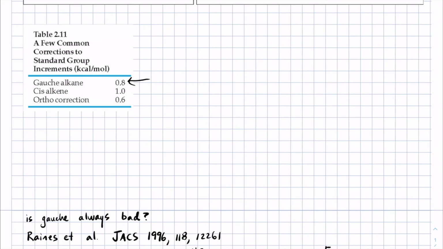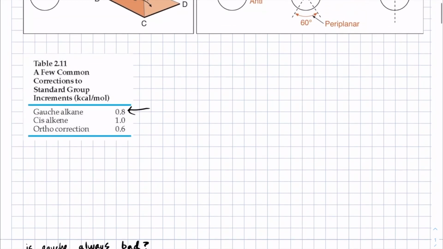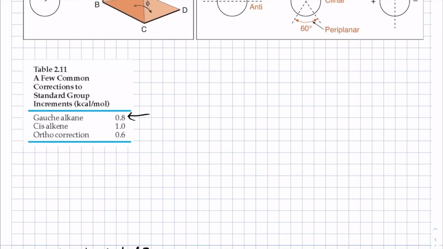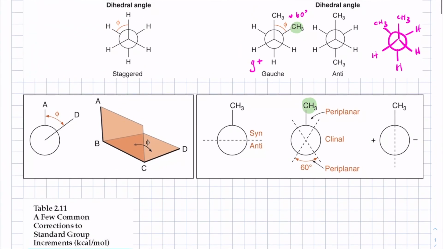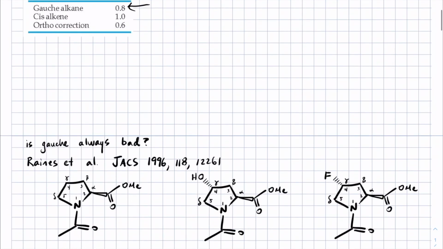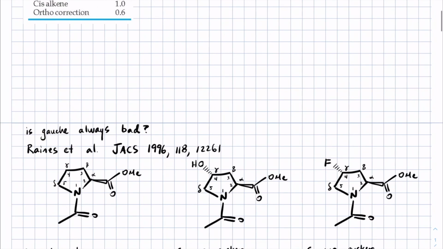Anything else you want to say about that? So one question we can ask is, if you've got the choice between gauche and anti, is gauche always bad? And this is where we pull back the curtain and make life a little more complicated for you. So back in the 90s, Professor Ron Raines at the University of Wisconsin-Madison was interested in collagen, and his interest in collagen continues to this day.